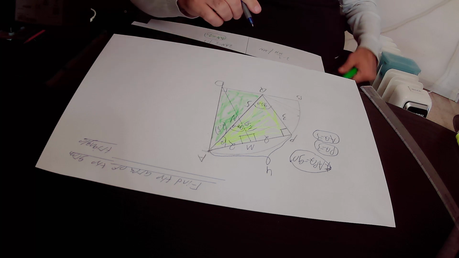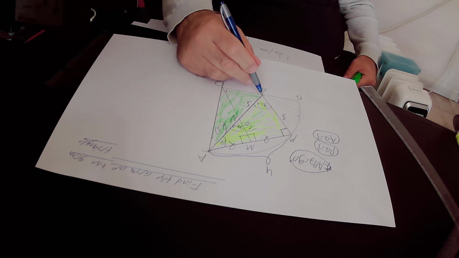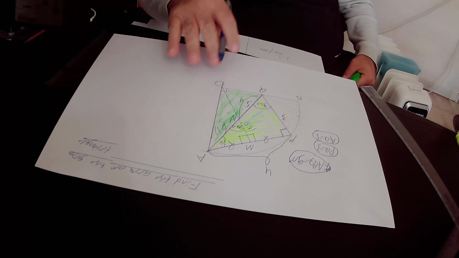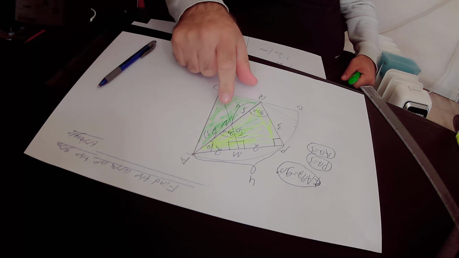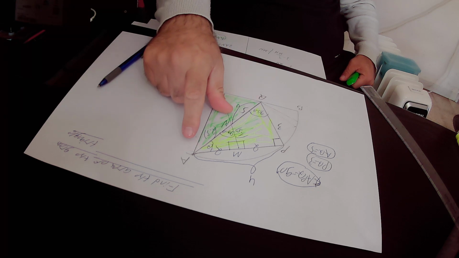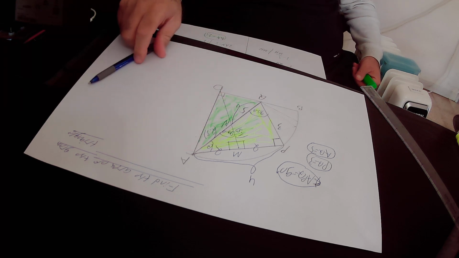What is the length of line segment QN? From the drawing, it is very easy to see that QN equals QA minus NA. Very simple.